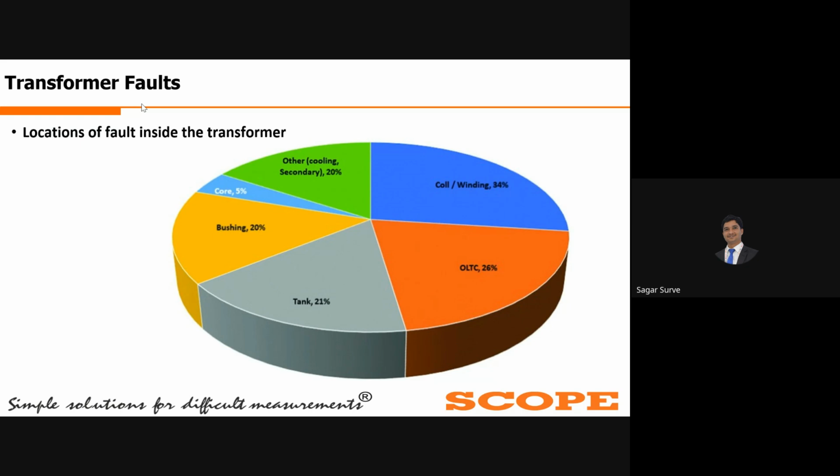Similarly, OLTC joints or OLTC connections can also undergo faults. And if you consider the tank, the tank has the core and insulation, paper insulation, oil insulation. So the fault can also be observed at that part of the transformer.